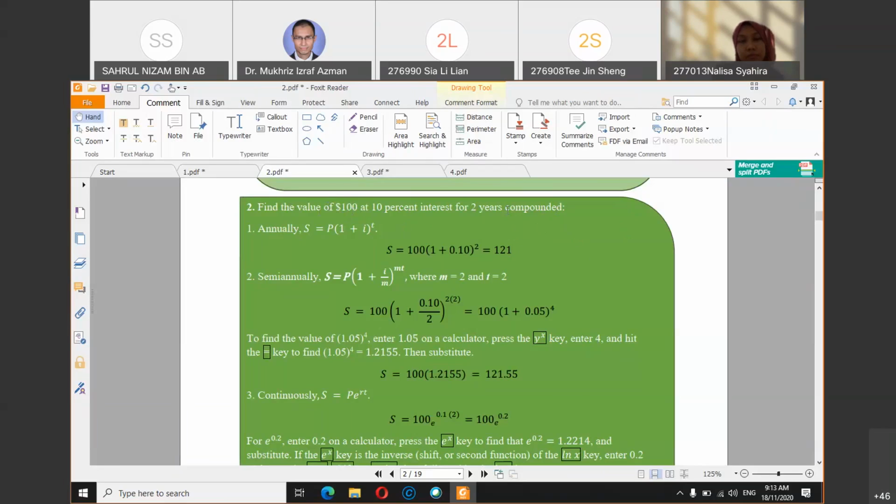So the longer you put the money in the bank or in any investment, for example a mutual fund or ASB, if you don't withdraw the money, the total money plus the dividend will be used to calculate your dividend for the second year.